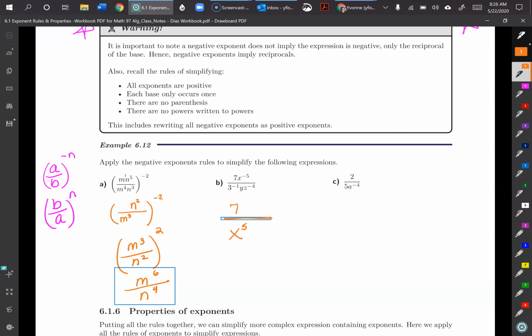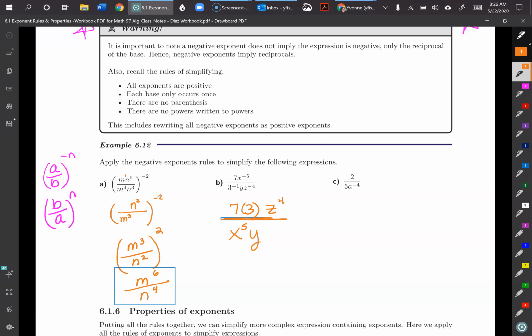My 3 to the -1 gets pulled up here, so I have that. I don't need to write the power of 1 on that. Then the y just stays. The z to the -4 has to come up. Whoops, hope you notice that. Just make sure the sign changes.